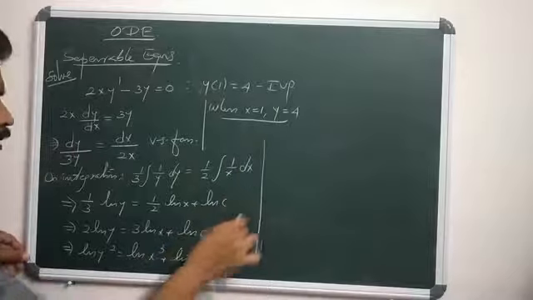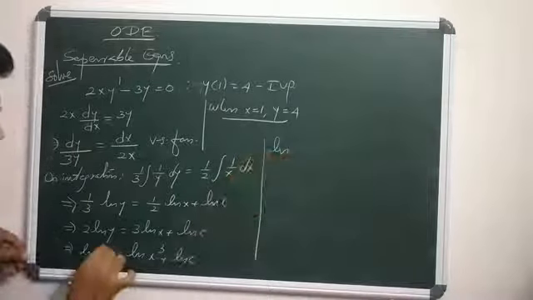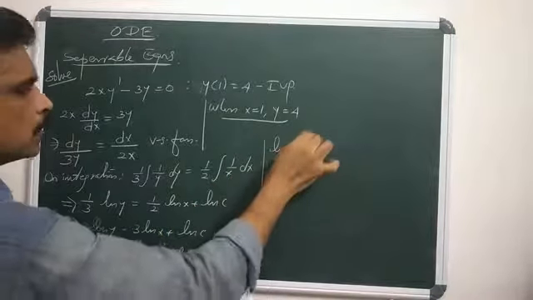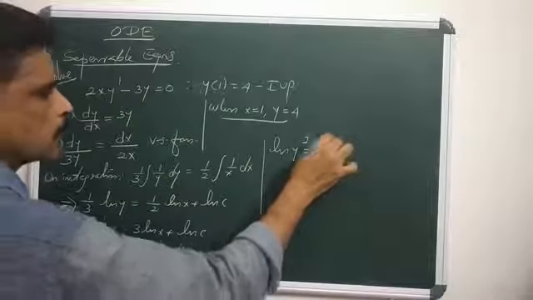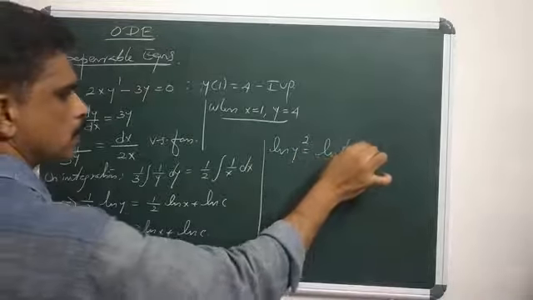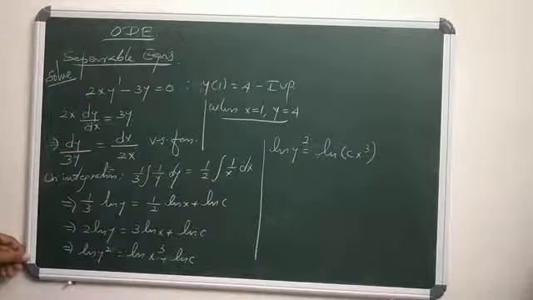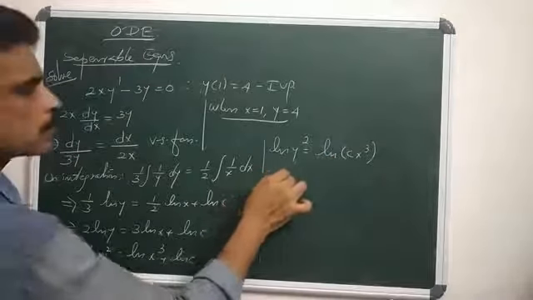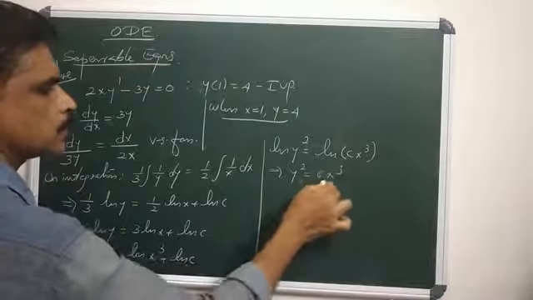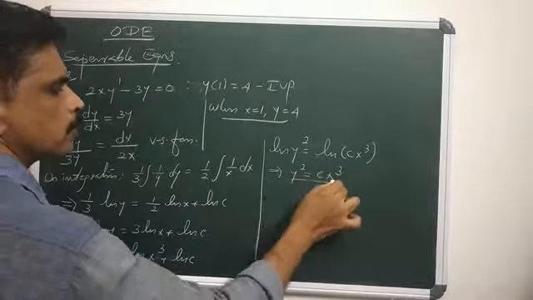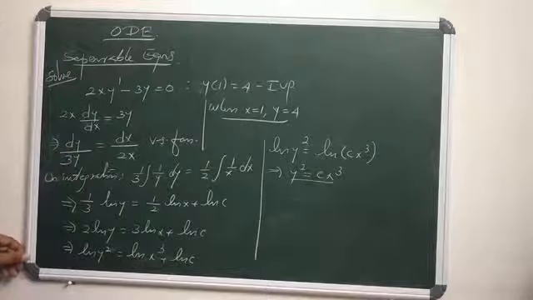This is of the form log a plus log b, that is log ab, so log y square equals log of c x cube. Taking antilog on both sides, y square equals c x cube.